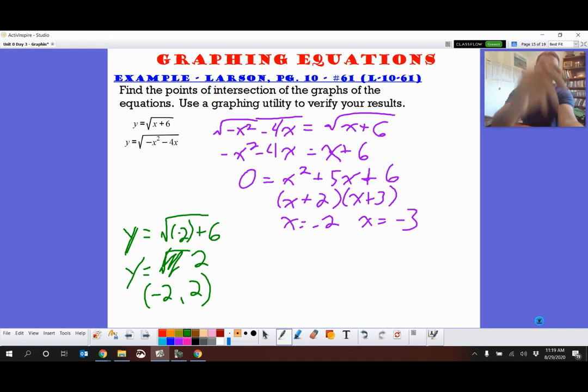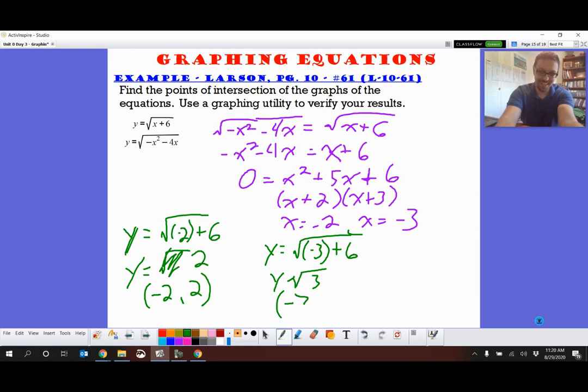And then in our second one, we get y equals the square root of -(-3) plus 6, which equals, let's see, that is the square root of 3. So we get our solution at -3, square root of 3.